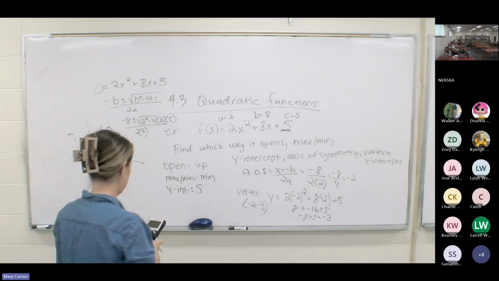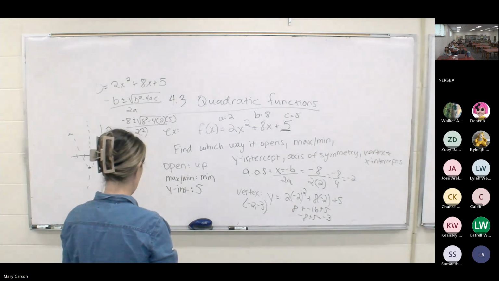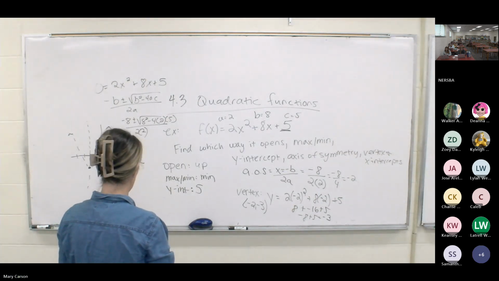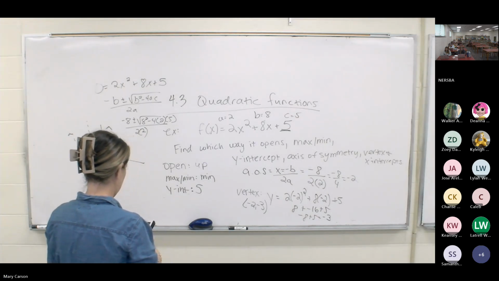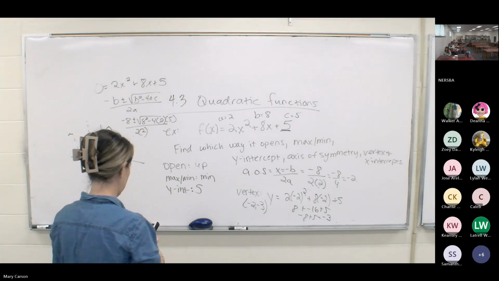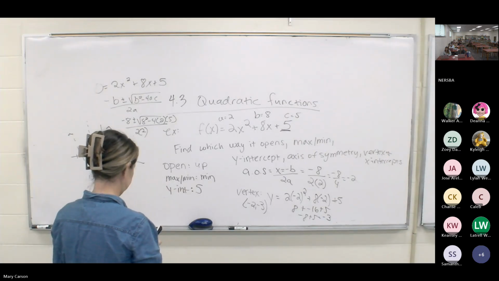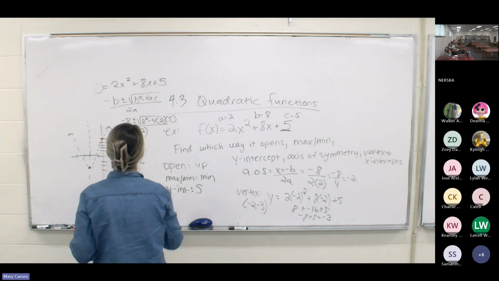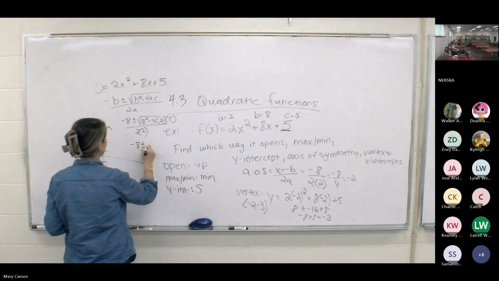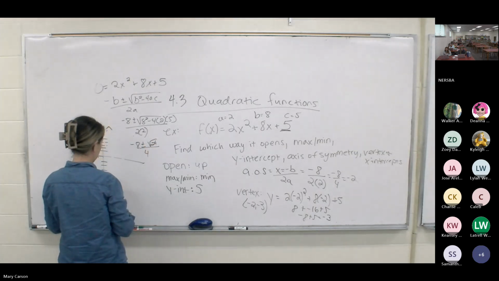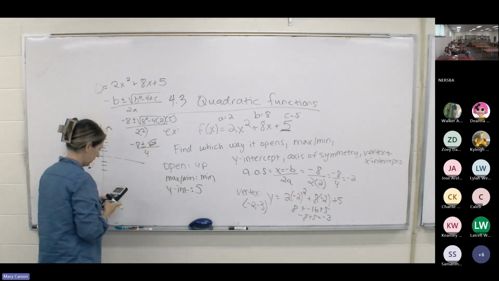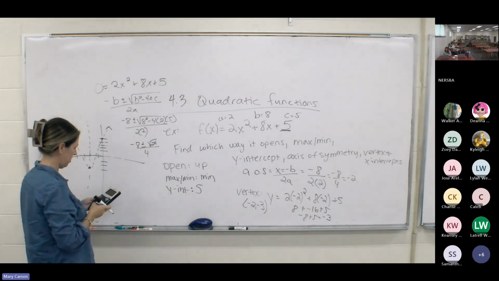Yeah, 8 times 5 is 40. And that's going to be 24 over 4. Just plugging this in the calculator because it's going to give us a decimal number.